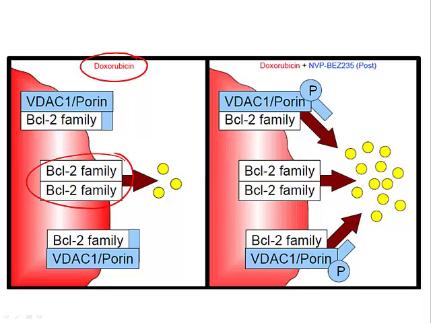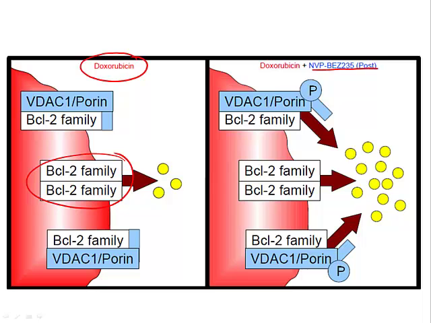Now, if we add the inhibitor of PI3 kinase signaling, we inhibit AKT, which normally inhibits GSK3 beta. So we now have an activation of GSK3 beta, which phosphorylates VDAC.